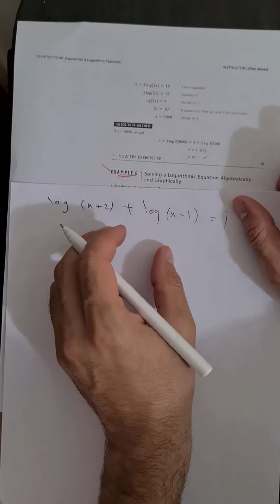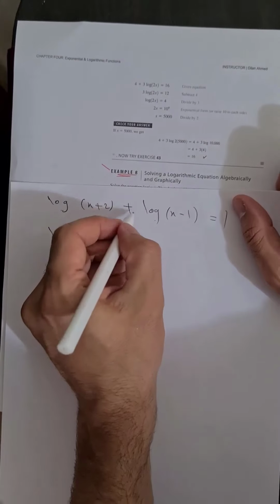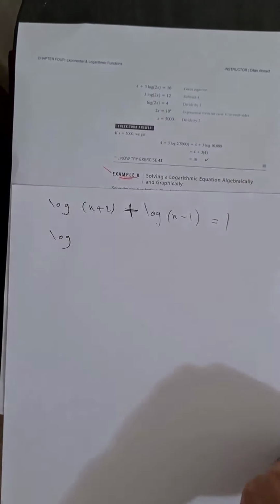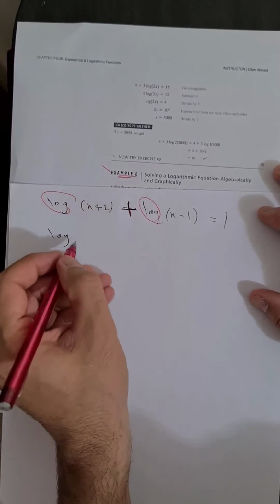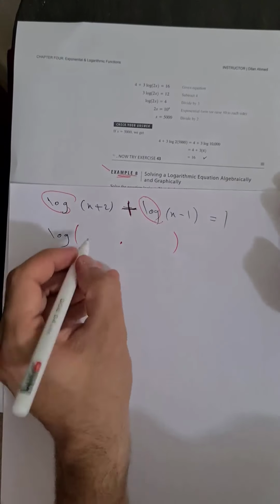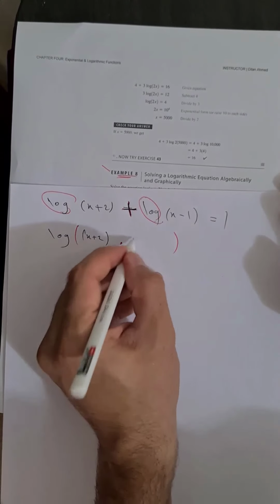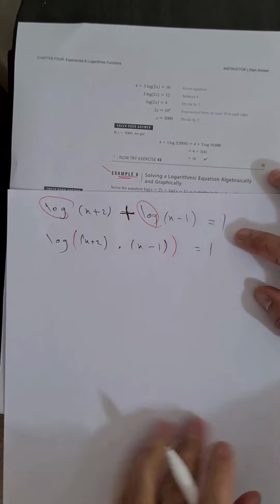So how can I isolate the log? Because I have two logs and addition, I can write it as log of something multiplied by something else. So I have log of x plus 2 times x minus 1 is equal to 1.